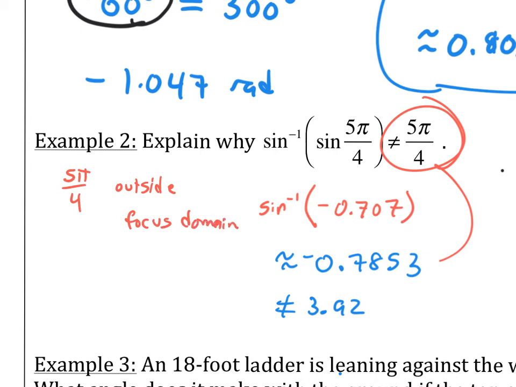It does need to be only up to pi over 2, which is approximately 1.57. And this decimal here is 3.92, while this one is 1.6-ish or 7-ish.